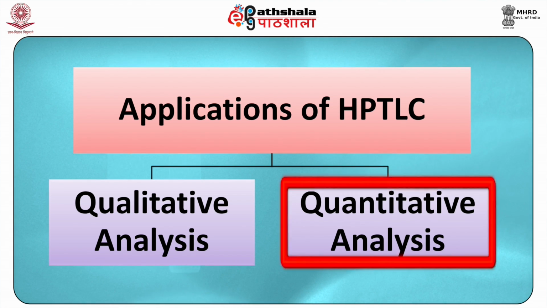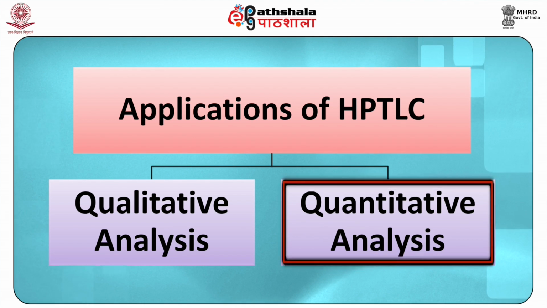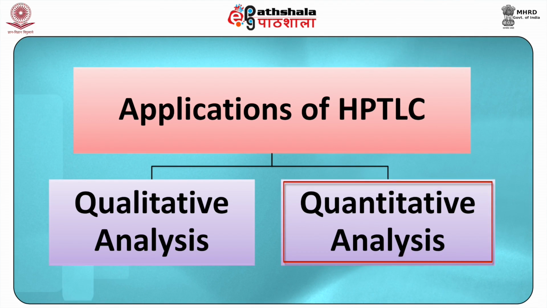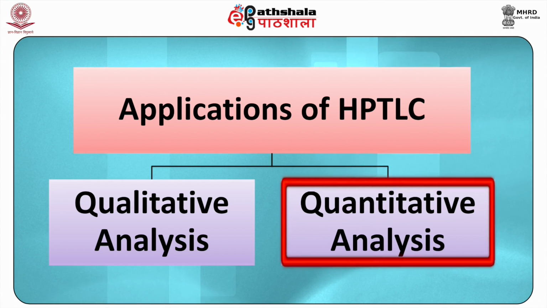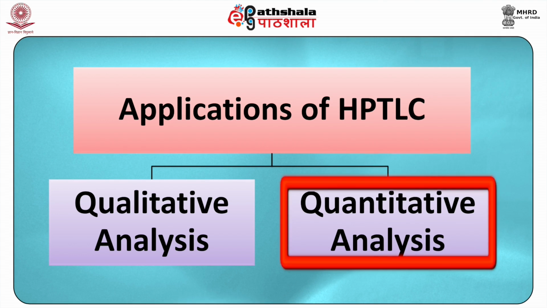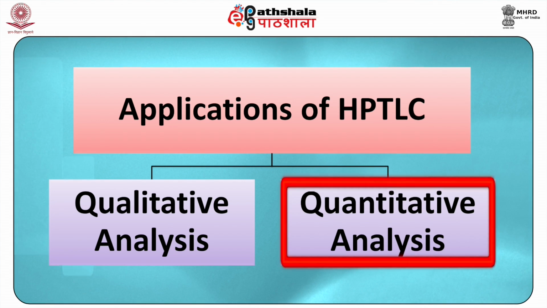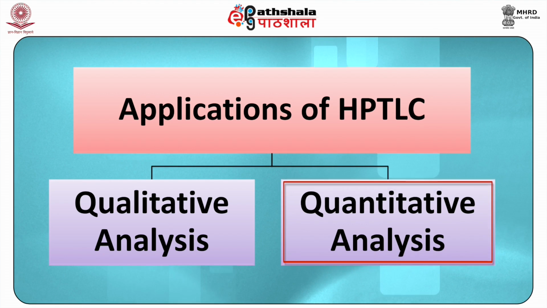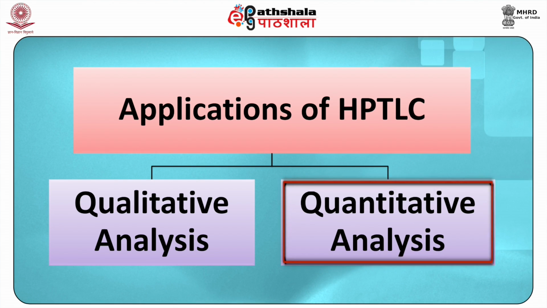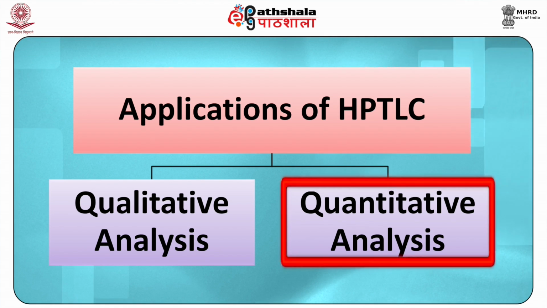Densitometry scanning measurement can be made in absorbance or fluorescence mode by measuring diffusely reflected light. Alternatively to classical densitometry, planar chromatography can be evaluated by video technology. Additional operations such as pre and post chromatographic derivatization can be performed as required.